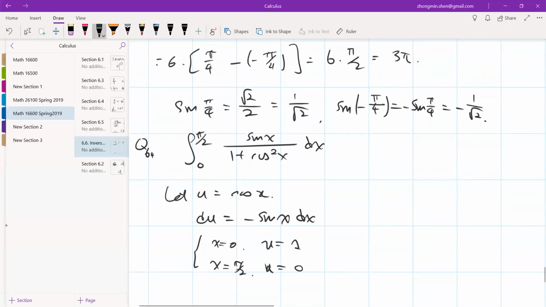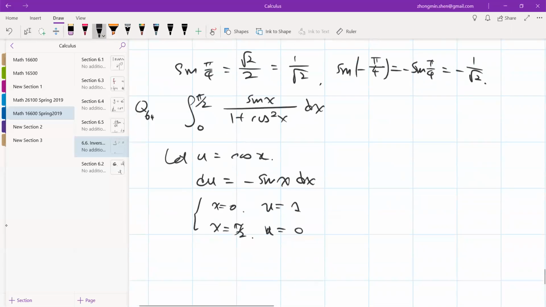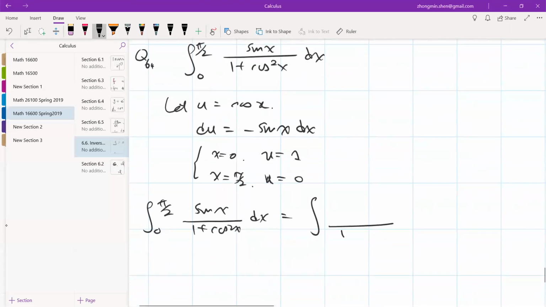Right? So the integral becomes, first of all, u squared sine x times dx.